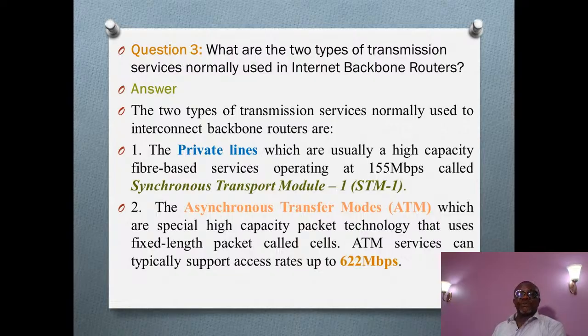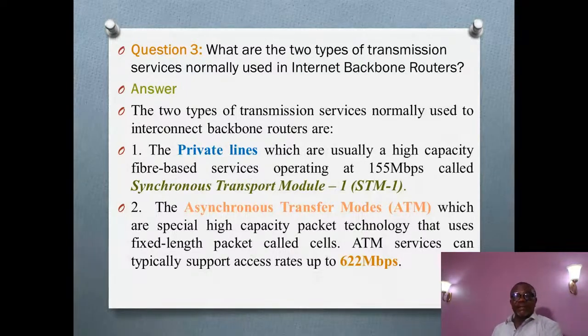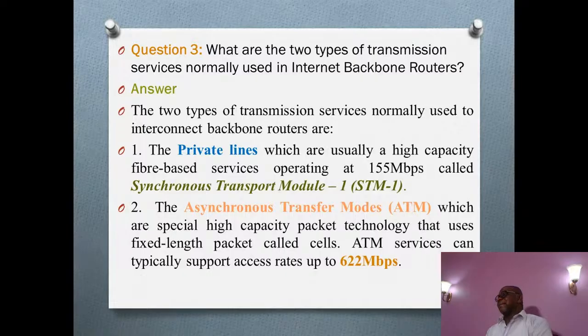The two types of transmission services normally used to interconnect backbone routers are: one, the private lines, which is usually a high capacity fiber based services operating at the 155 Mbps, otherwise known as the STM1, that is synchronous transport model 1. That is one form of transmission services that are offered by the backbone routers.